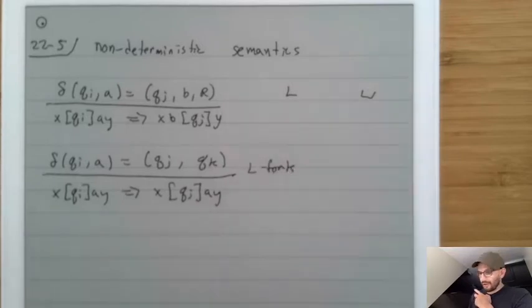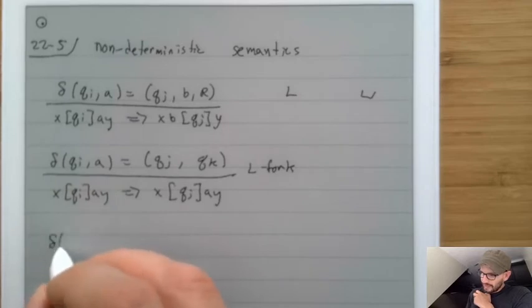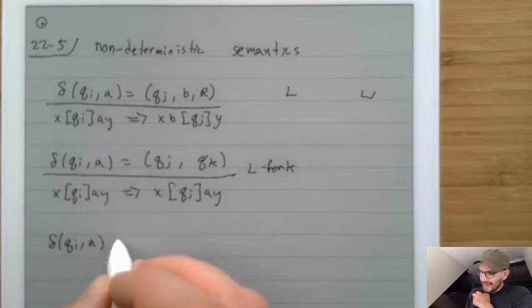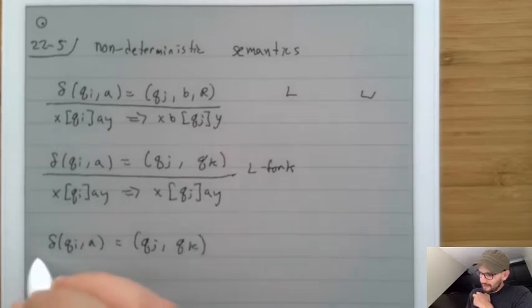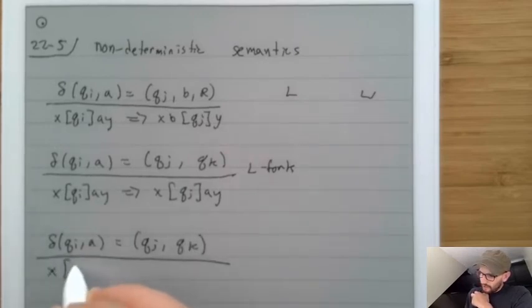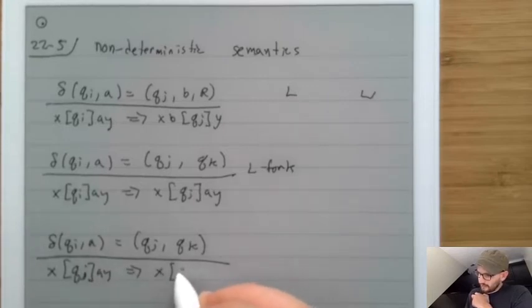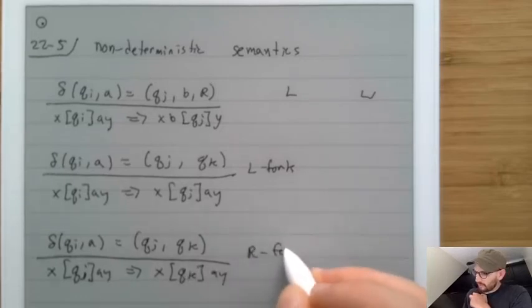And then there's another rule, a totally different rule, that says if delta Qi a equals Qj Qk, then we can go from X Qi a Y to X Qk a Y. And this is the right fork rule.